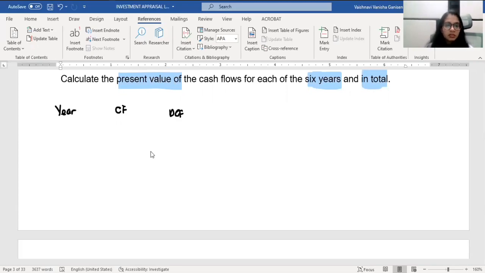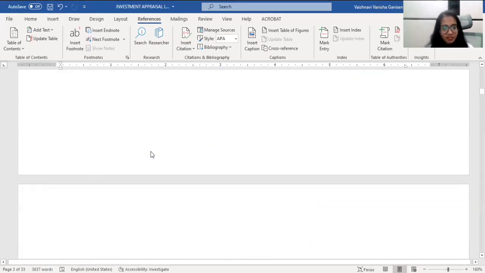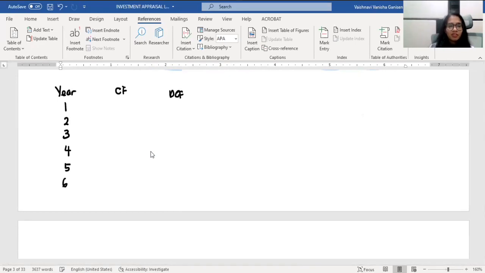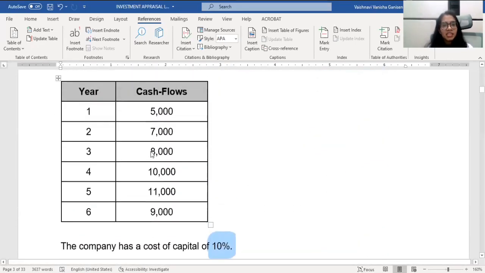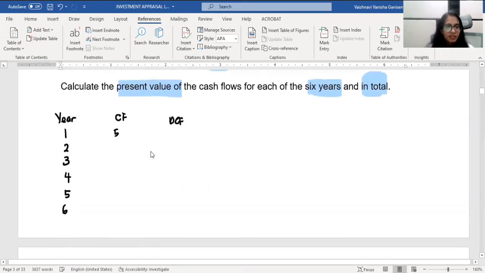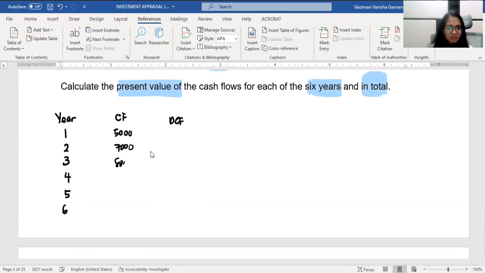So year 1, 2, 3, 4, 5, 6. What are my cash flows? 5, 7, 8, 10, 11, 9.